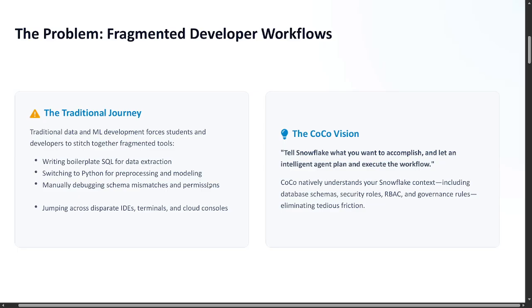CoCo natively understands your Snowflake environment, including your database schemas, security roles, RBAC, that means role-based access control, and governance rules, eliminating the tedious friction between multiple codes and their versions as well. That is what CoCo will help you with, and that is why it is much more famous as compared to the traditional journey.